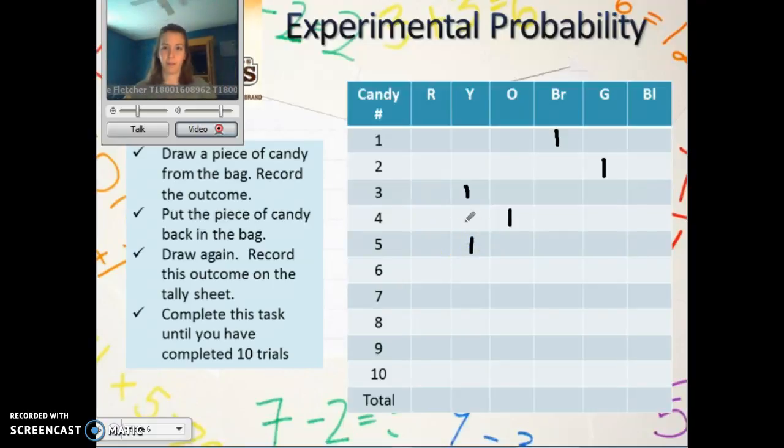All right, so we're halfway done. Trial number 6, orange. These smell really good. I want to eat them. Trial number 7, brown.